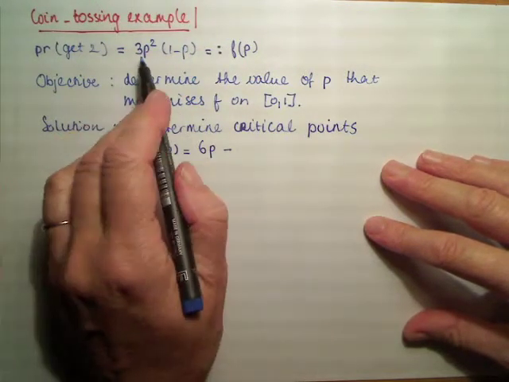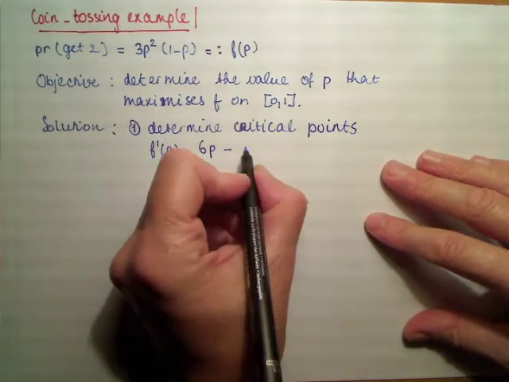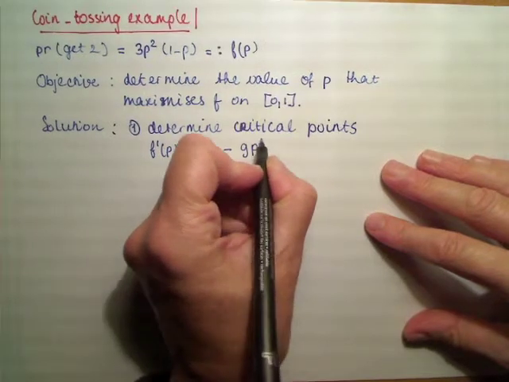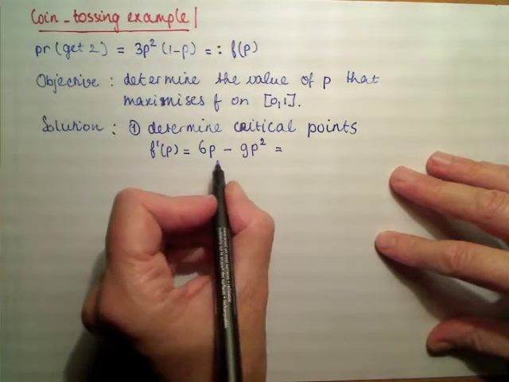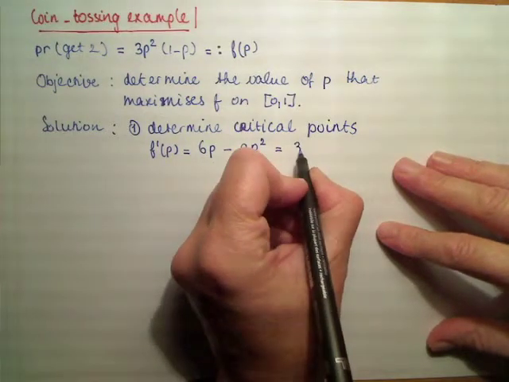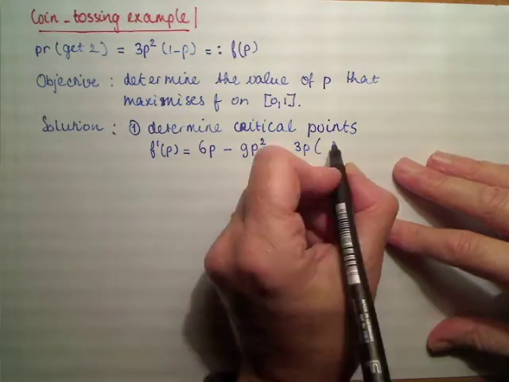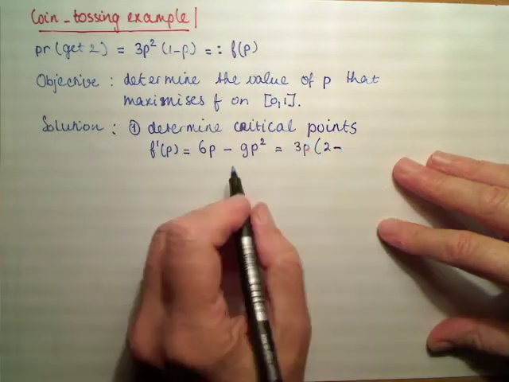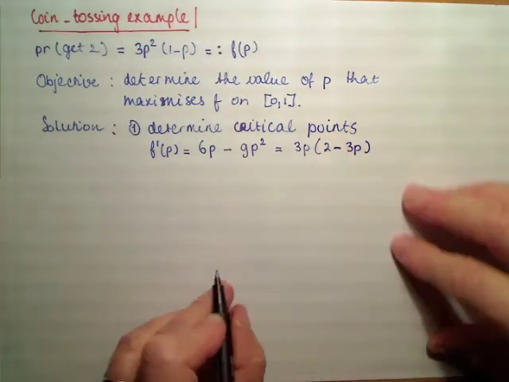And we have to subtract the derivative of 3p to the power 3. So if the 3 goes down, we get 9p squared. And again, you see we can take out the common factors, 3 and p, and we are left with 2 for the first term and minus 3p for the second.